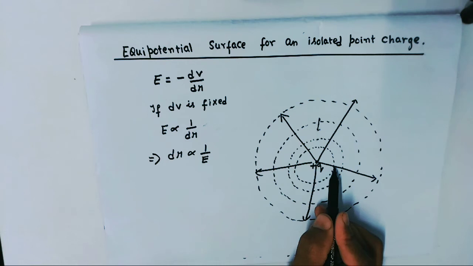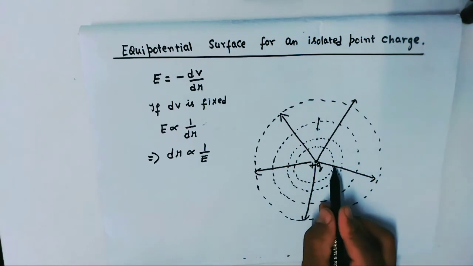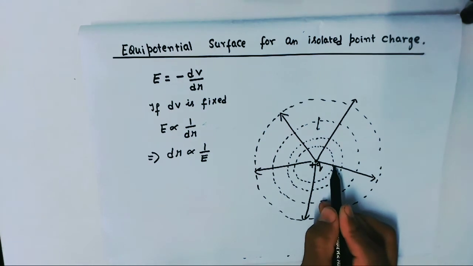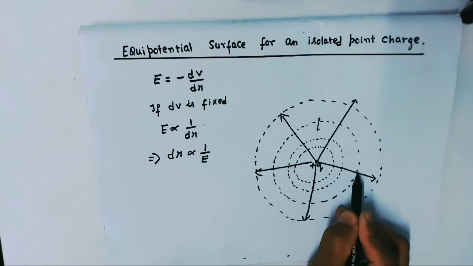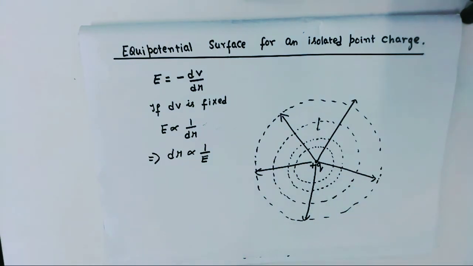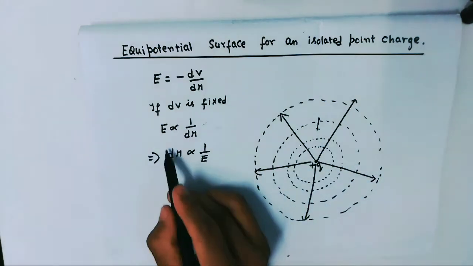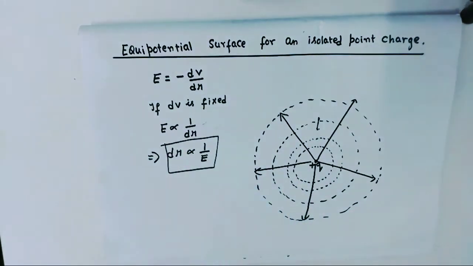This perpendicular distance between these two surfaces keeps on increasing. From here to here this one is smaller, this is bigger, then it keeps on increasing. This is because of this equation.